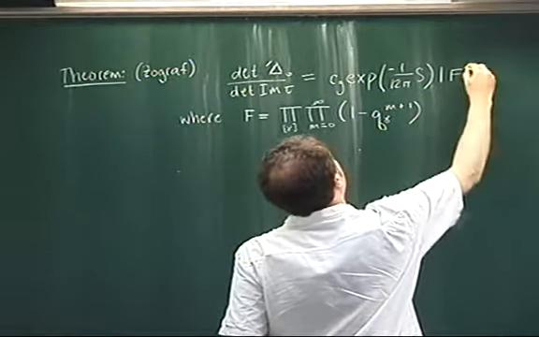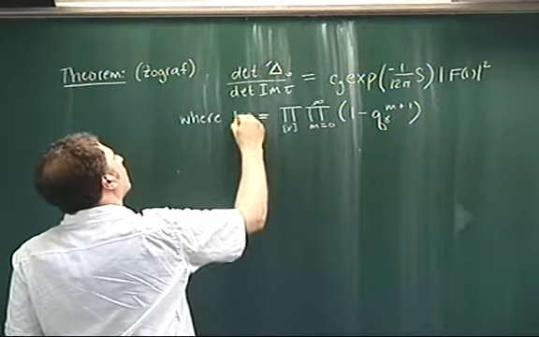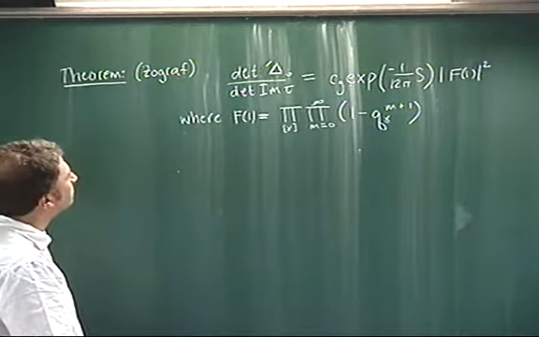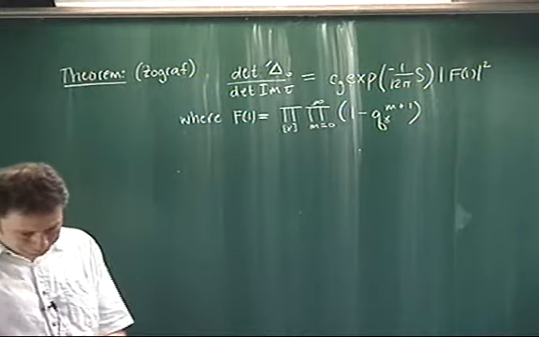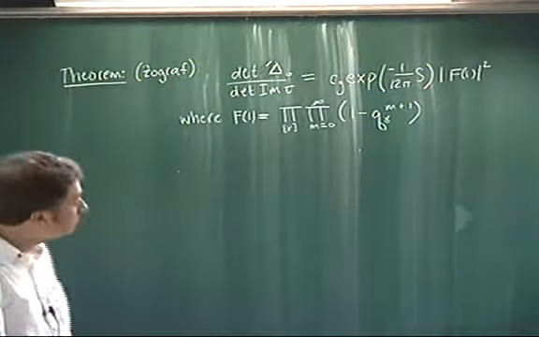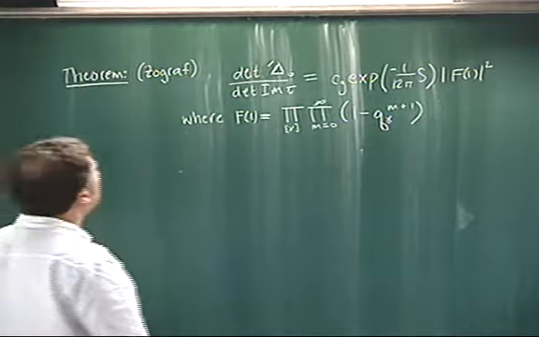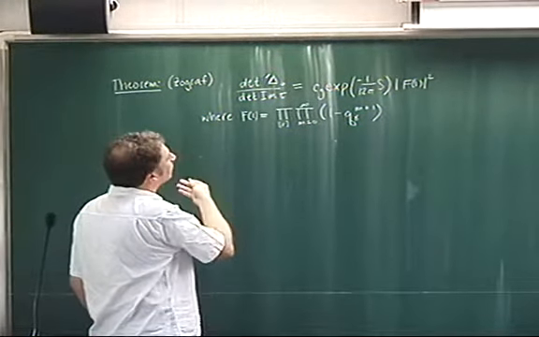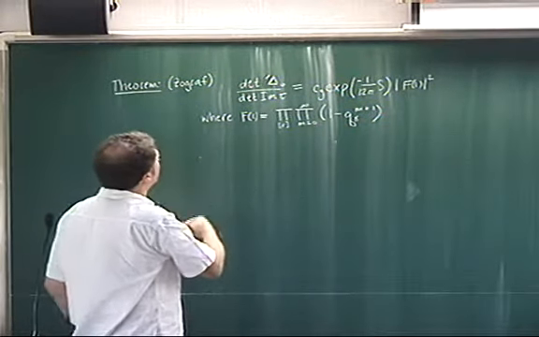Just for emphasis, let me say this is F1. So here we're on a compact Riemann surface given as a quotient of a Schottky group.